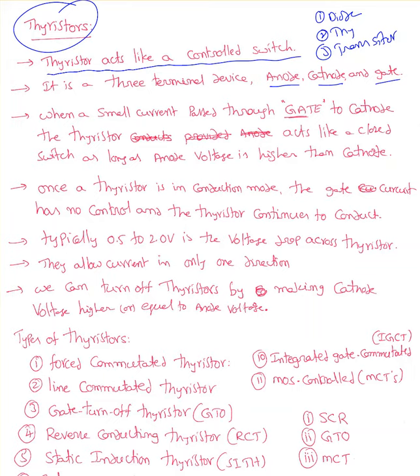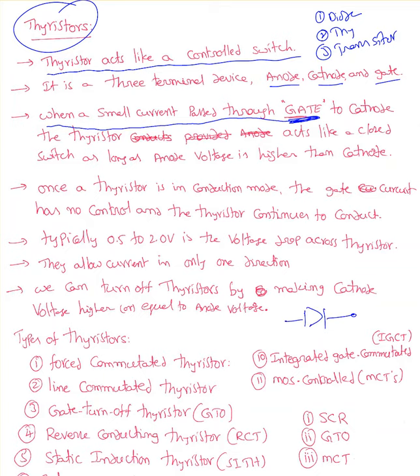The thyristor working principle is, when a small current passes through the gate, it goes from gate to cathode. The thyristor then acts like a closed switch as long as the anode voltage is higher than the cathode.